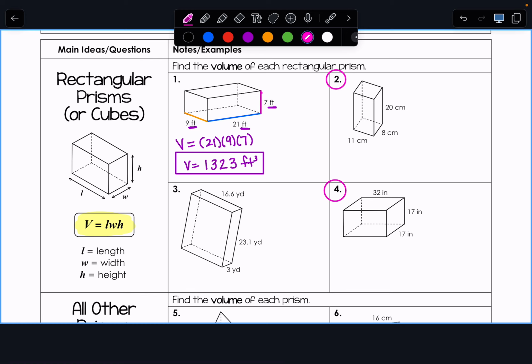Check in with your neighbor and make sure they get the same thing on 4. You're doing 2 and 4.